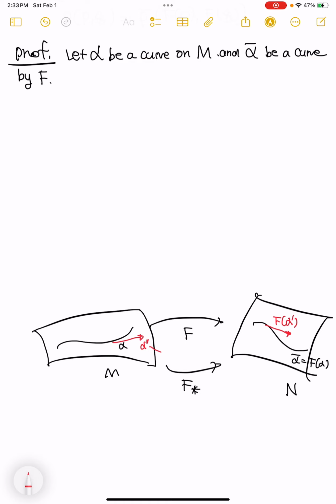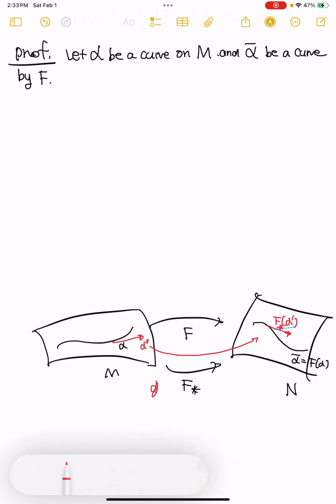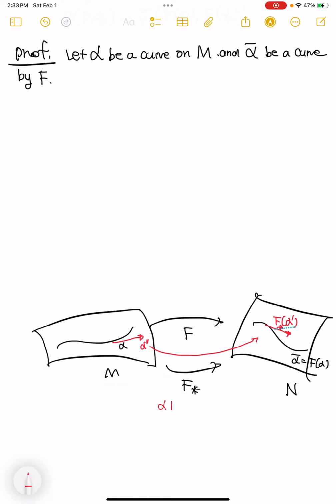That moves in the tangent plane. So alpha prime goes by the map F star.